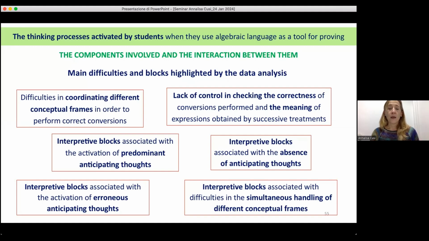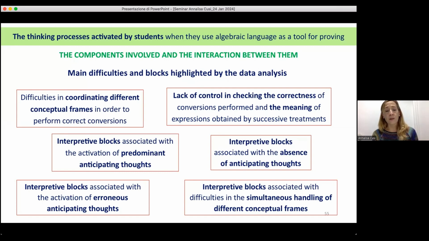I showed. Lack of control in checking the correctness of conversions that are performed or in interpreting the meaning of expressions that are obtained through treatments. Also, this aspect is evident in the example that I showed you. Interpretative blocks, a lot of sources of interpretative blocks.